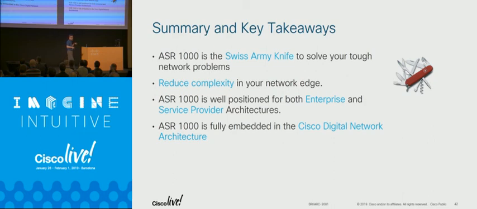It's part of the SD-WAN fabric and can be managed by vManage. It has the entire automation and programmability framework coming from IOS XE. So the ASR 1000 is fully embedded into the overall Cisco Digital Network Architecture.